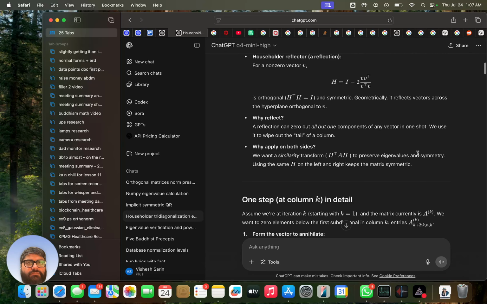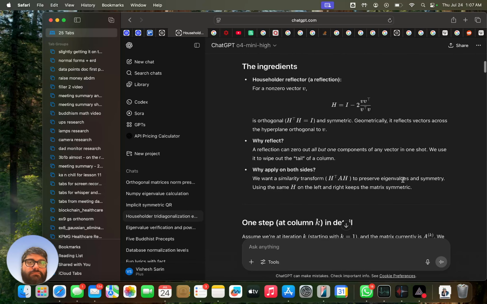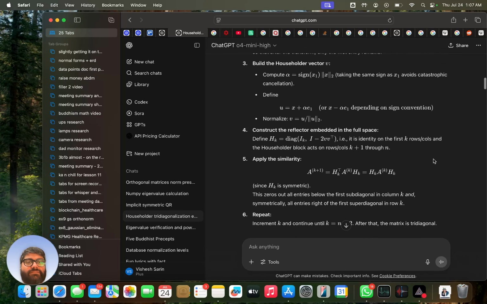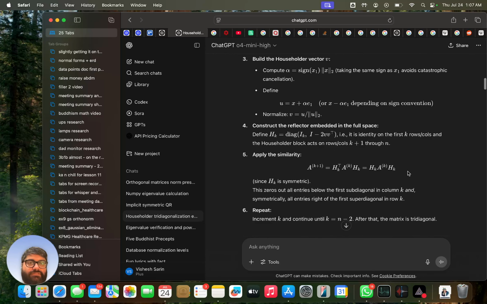Not sure about that though. Oh, it's orthogonal. Oh, it's orthogonal and symmetric. Right, so doing H times H transpose is pointless because it's just the same matrix. That's why they dropped the transpose over here, since H k is symmetric, it says so right here.